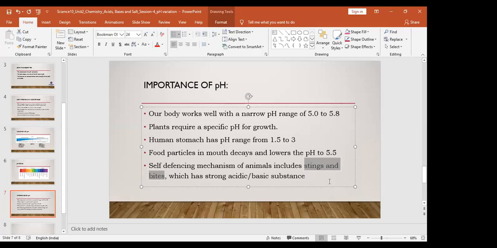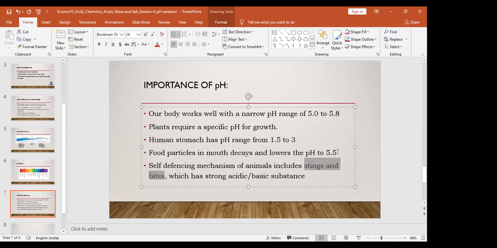Baking soda, which is a base, neutralizes the acid of the bee sting or the nettle leaf sting, because of which the pain reduces and the neutralization reaction happens. If it is a basic substance like a wasp sting, then we can use lime juice to reduce the basicity of the poison and to make it a neutralized substance.